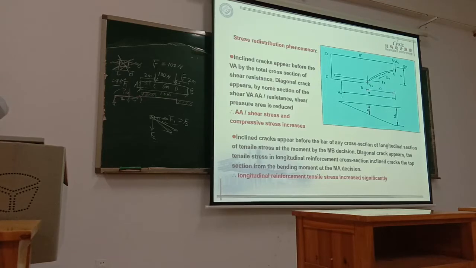The two parts should move along this crack, but because the surface is not smooth, we get a friction force, a bite force along the crack. So this is the force SA, different forces in this section.